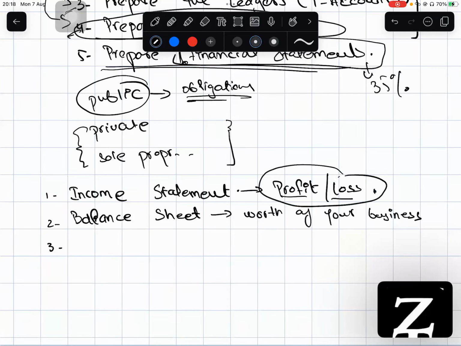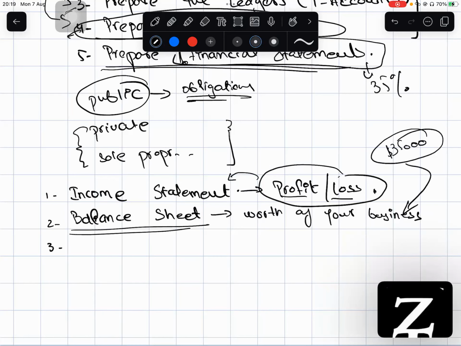Those sorts of things are going to come into the income statement. What is going to come into the balance sheet is the value of your car. For example, you bought the car for $35,000. This value is going to be associated with your balance sheet. What you are earning from this $35,000 is going to come into your income statement.